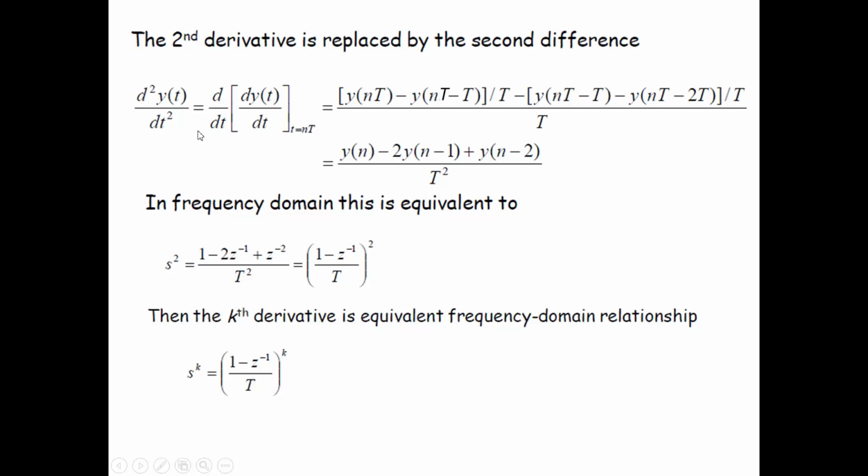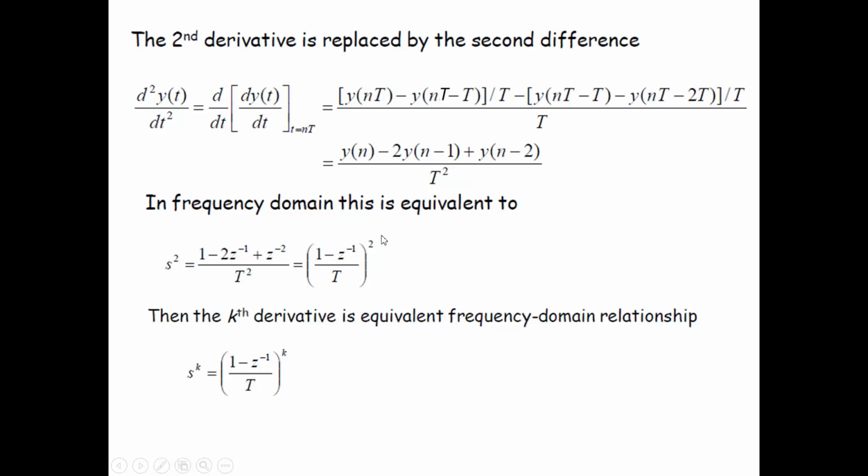So what is the transformation? In the analog domain, s square will be equal to (1 minus 2z to the power minus 1 plus z to the power minus 2) divided by T square, and we can express it as (1 minus z to the power minus 1) divided by T, whole square.